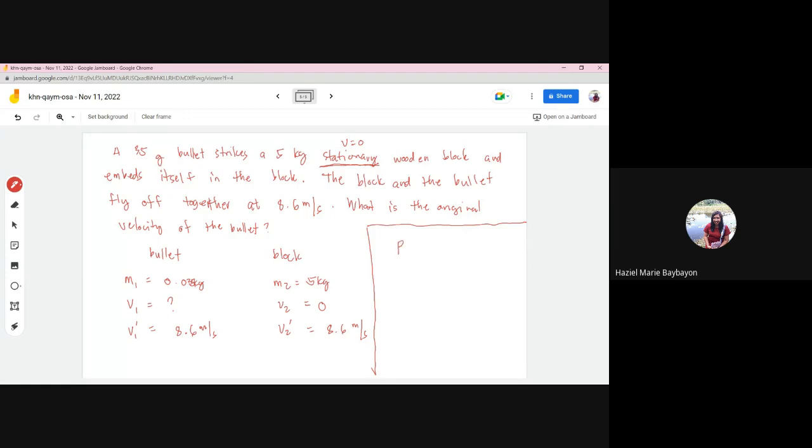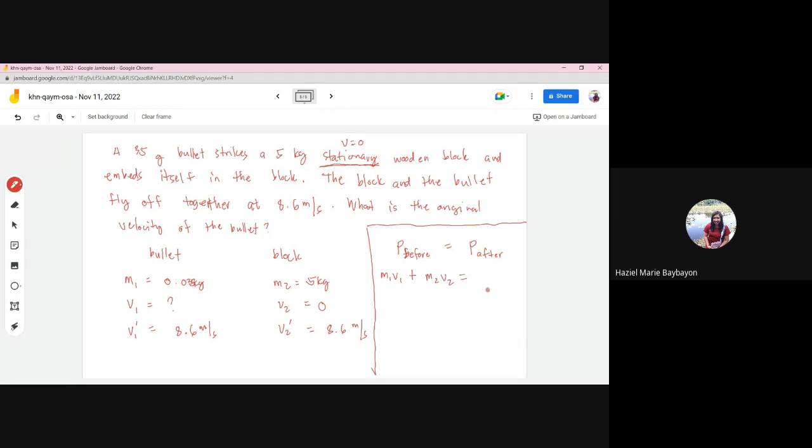So, according to the conservation of momentum, the total momentum before collision is equal to the total momentum after collision. Let us account for the total momentum before. We have M1, and then M2, two objects in your system. So we have two terms: M1 V1 plus the second term, M2 V2.